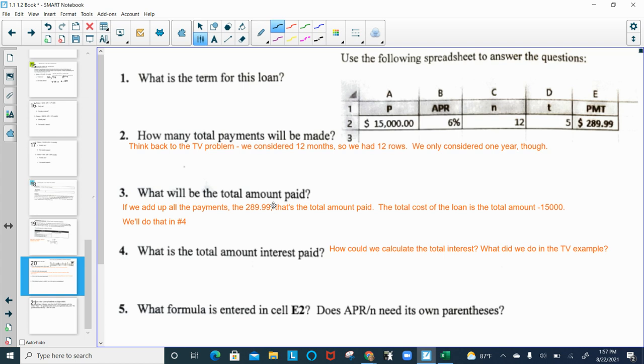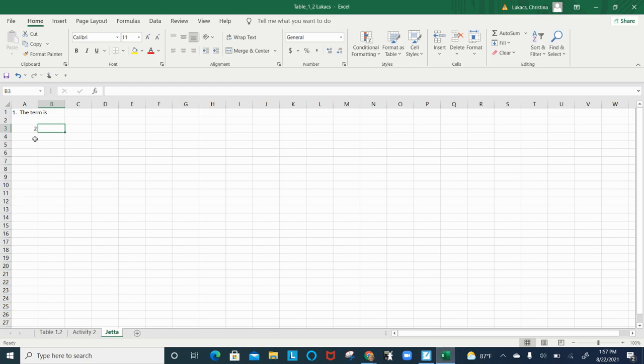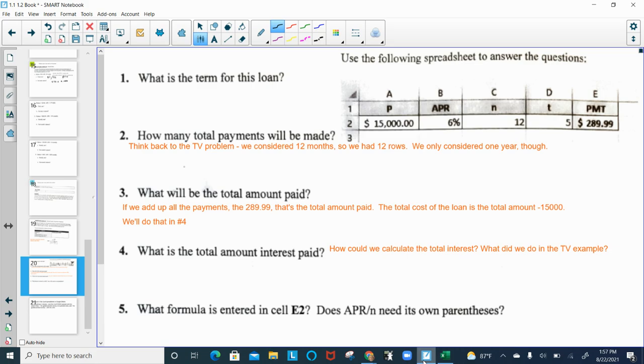So I would like a formula for that. I would like you to see if you can write a formula. So, just put a little 3 here, then write yourself a formula. How much are you paying all together at $289.99 a month for however many months you calculated in part 2?